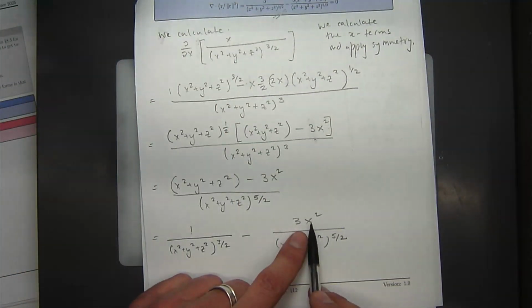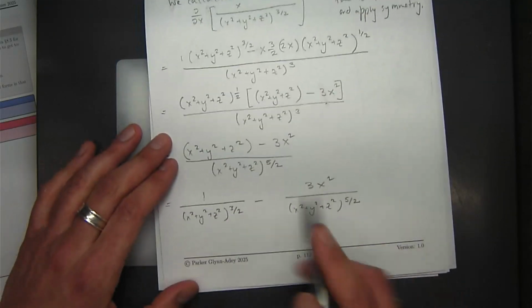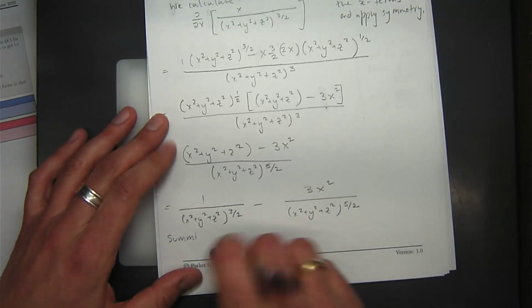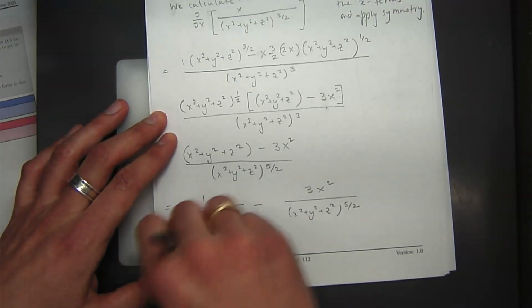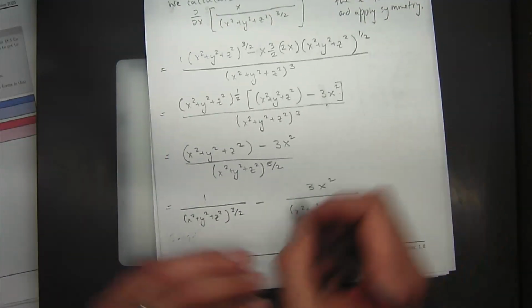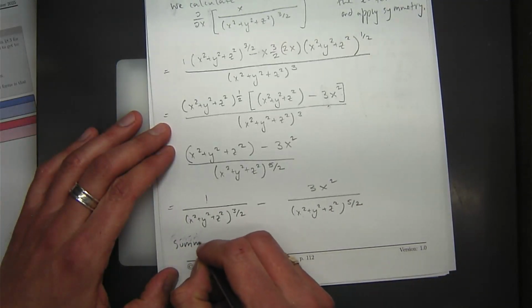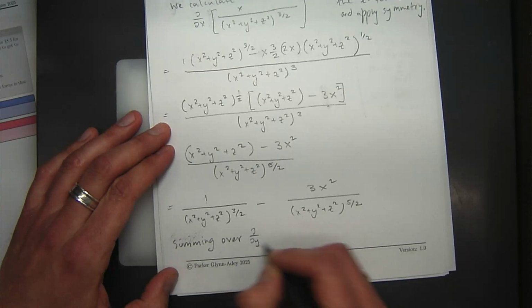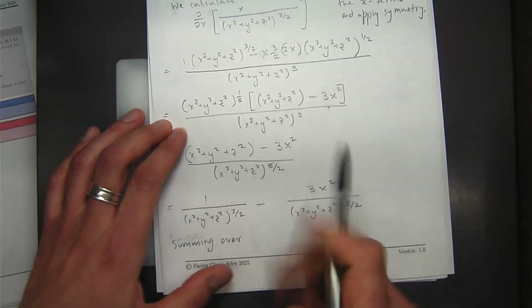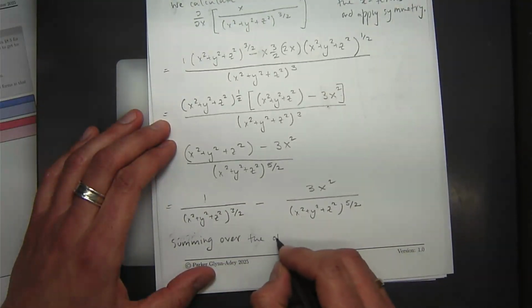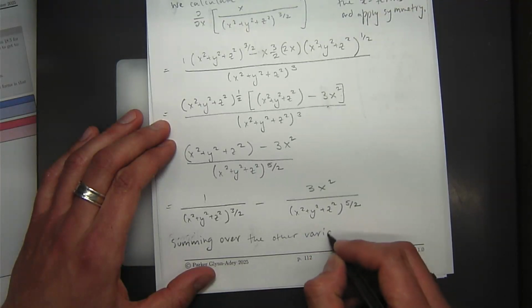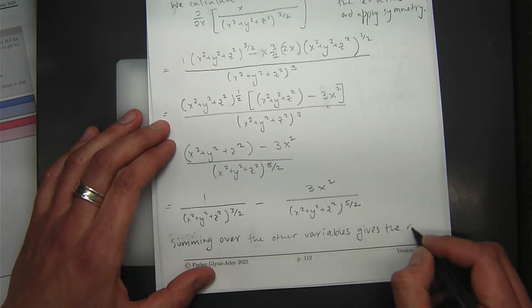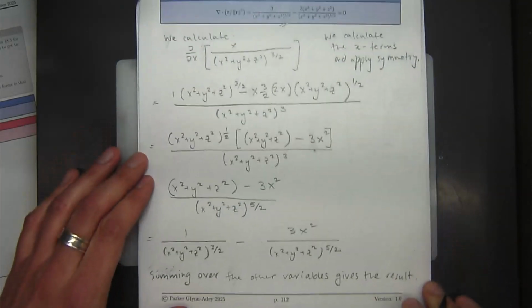We're going to get a copy of x squared, y squared, and z squared. Cool.